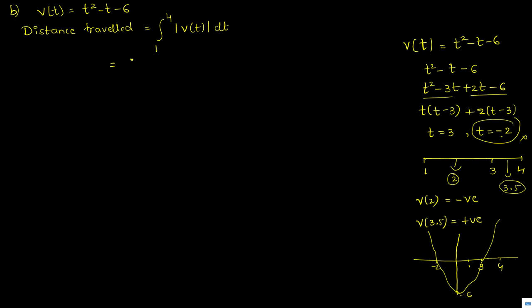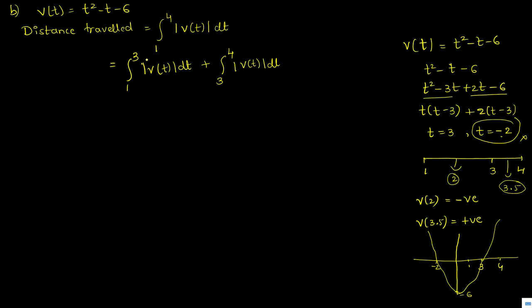So we write this as integral 1 to 3 modulus v of t dt plus integral 3 to 4 mod v of t dt.